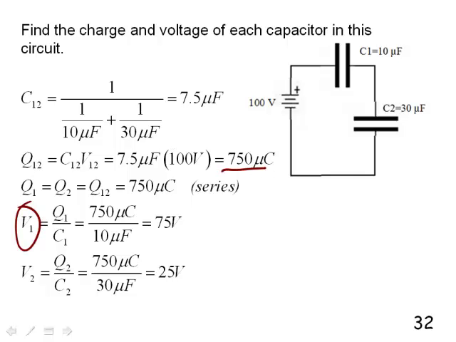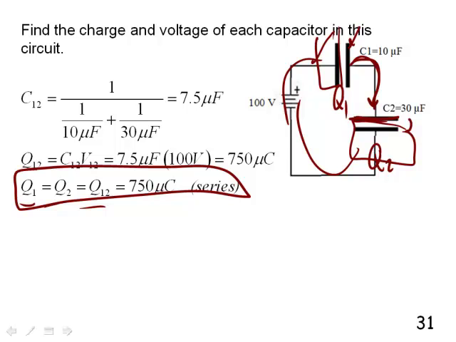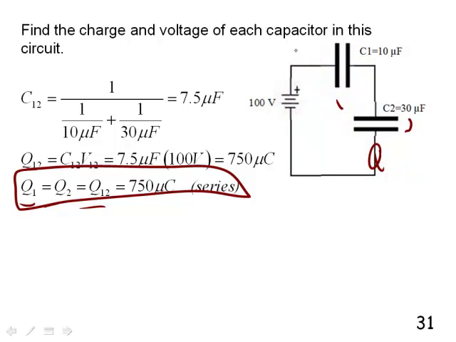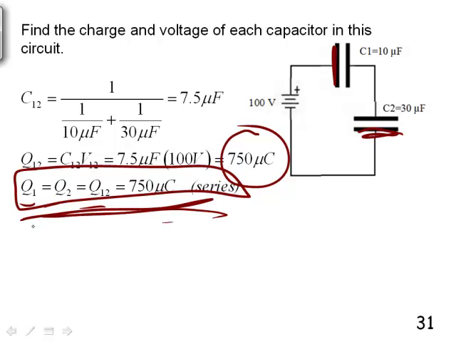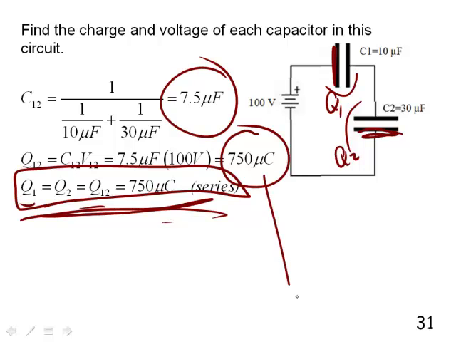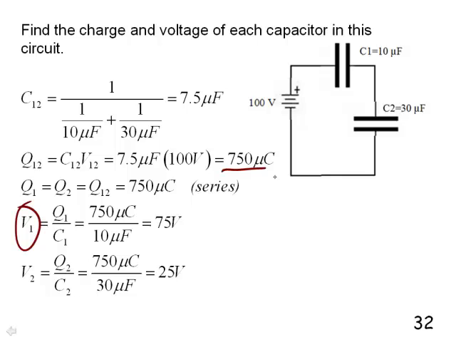Let's go back just a step: when I calculated this total charge here, that's the charge on these two plates, but then I make the note that that's also the charge across these two plates and these two plates. So this is Q1, Q2, and each one of them is equal to 750 microcoulombs.